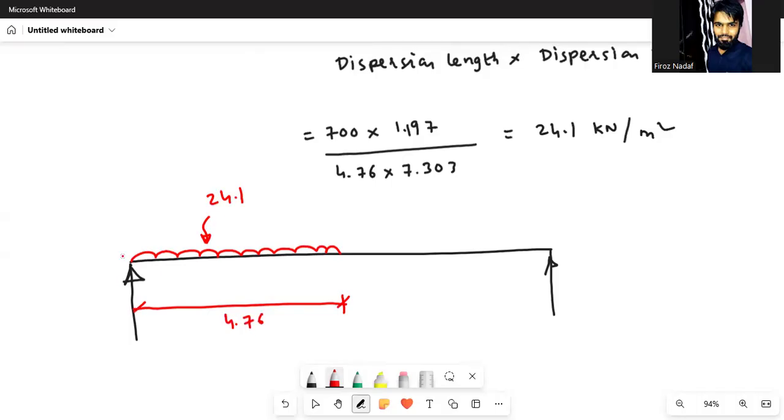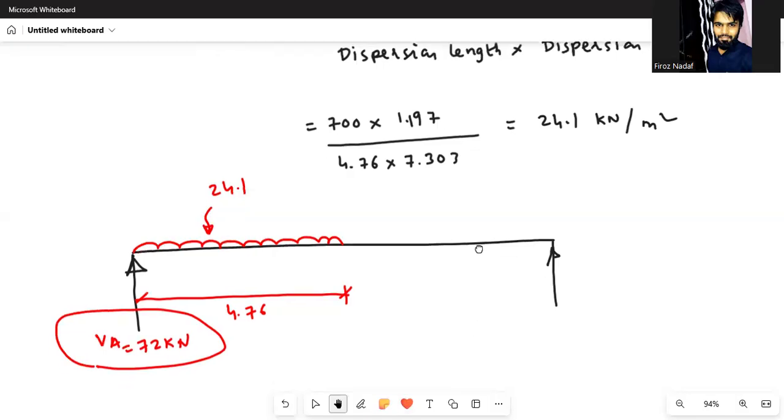So the reaction at the left support is nothing but the maximum shear. I'll directly give you the value. VA, the maximum shear, is equal to 72 kilonewton, because of the live load.